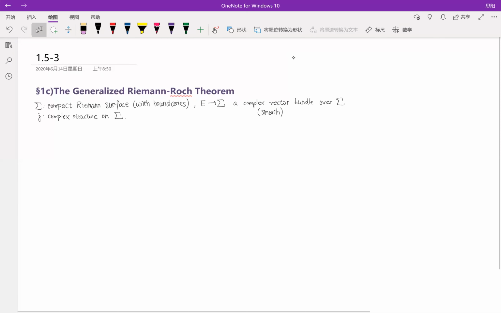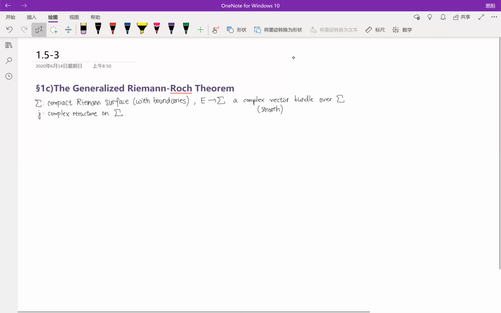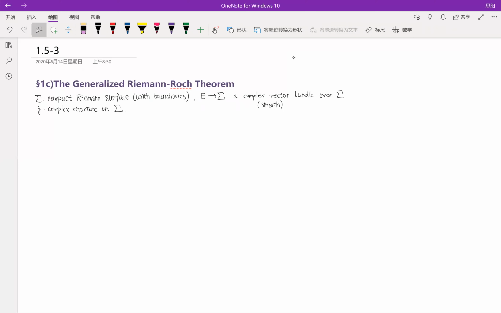So we want to introduce the first order differential operators and also the Cauchy-Riemann operator on the Riemann surface. So we first give the definition.